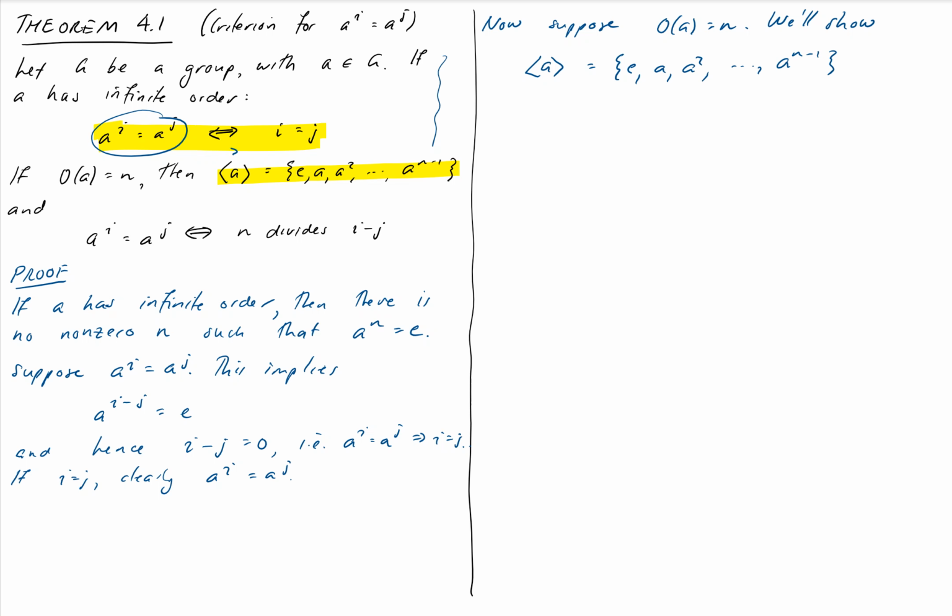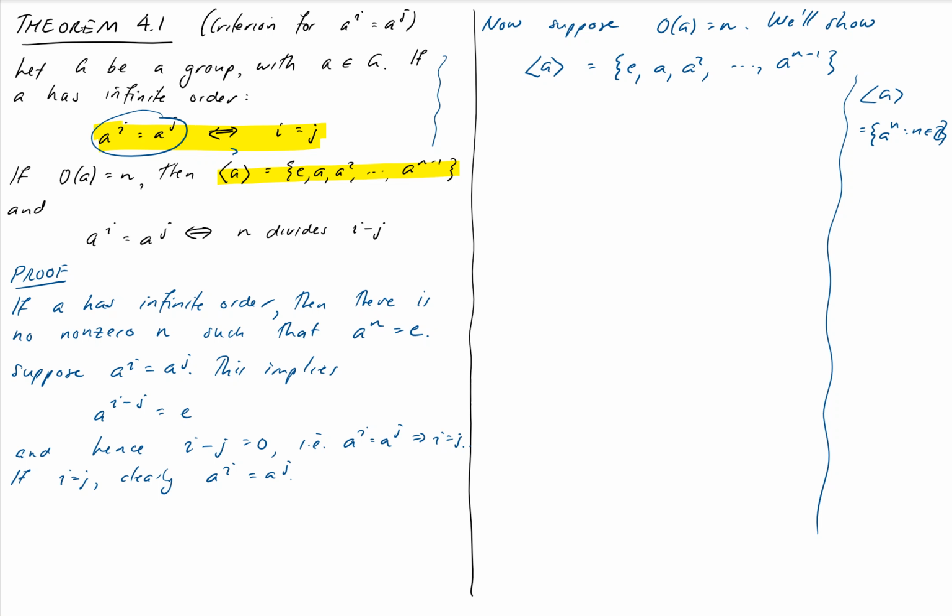Okay, now, how do we do this? Well, remember our definition. Our definition says that this thing is equal to the set of all a to the n for integer n. So essentially we've got to show that any other integer other than those 0 up to n minus 1 will just give us something in this set anyway.